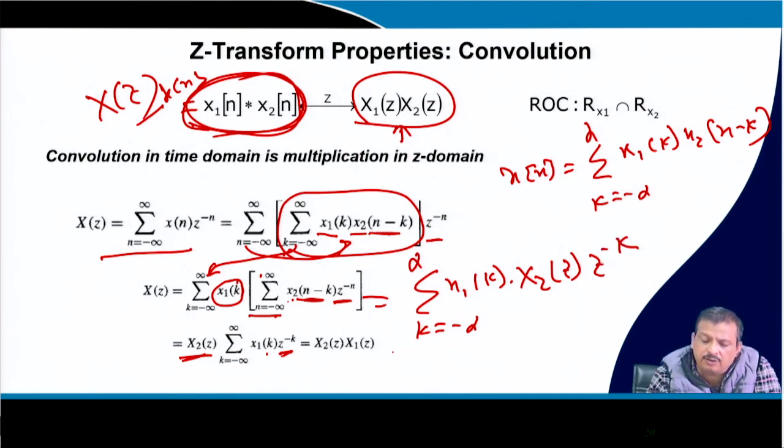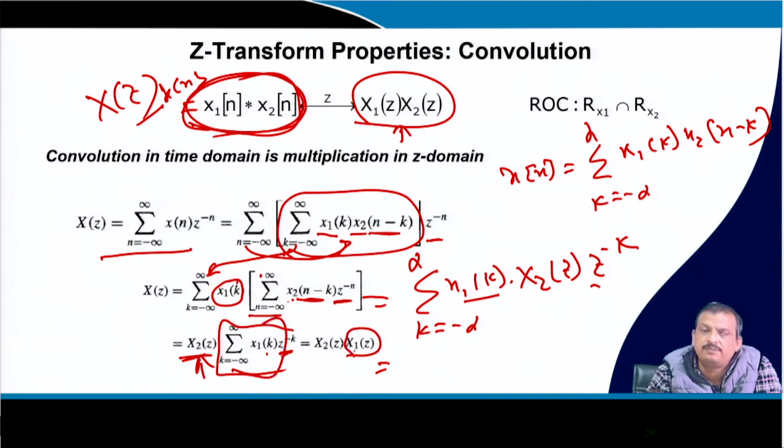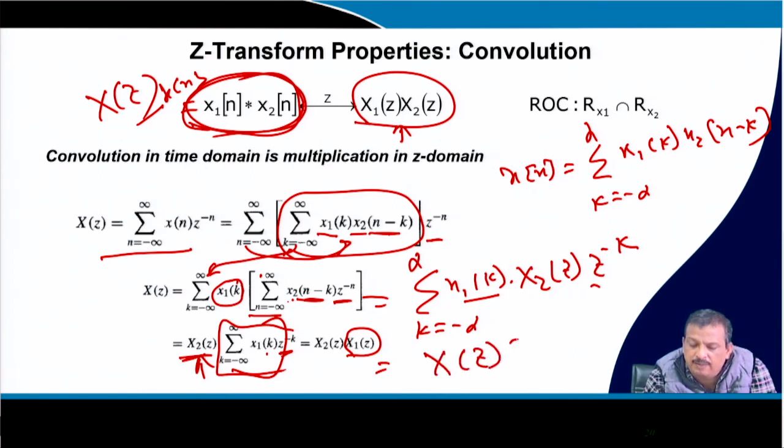Now I take X2 of z out, and the remaining sum of x1 k into z to the power minus k is nothing but X1 of z. So X of z is X2 of z multiplied by X1 of z.